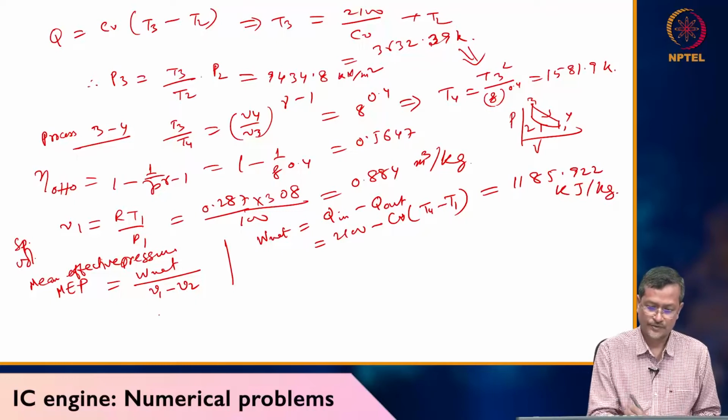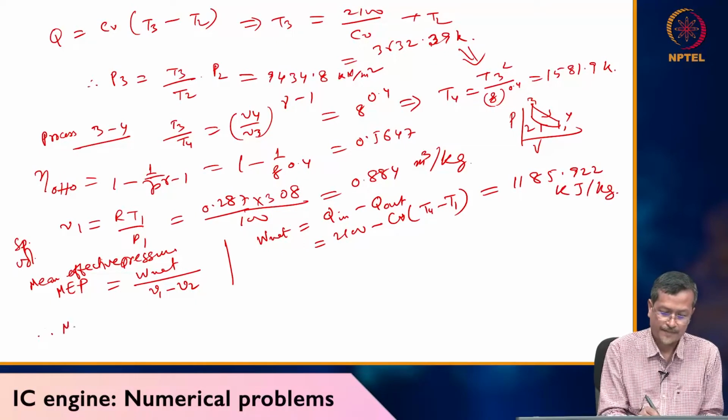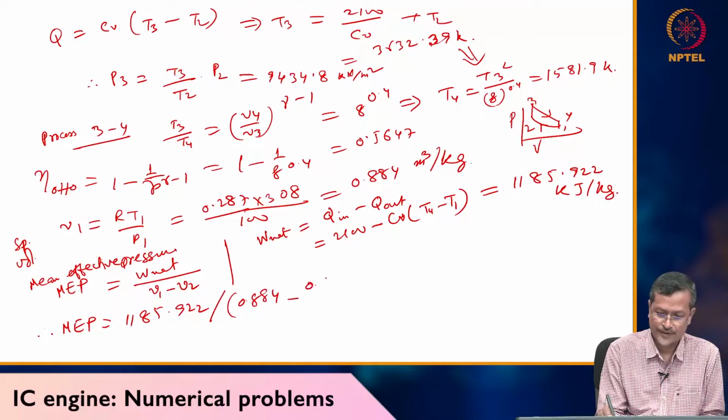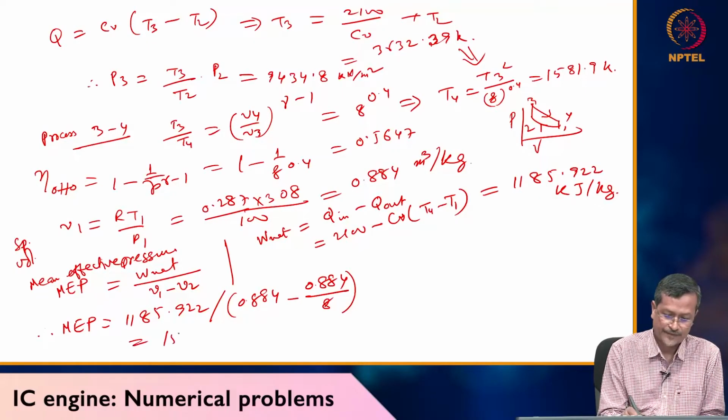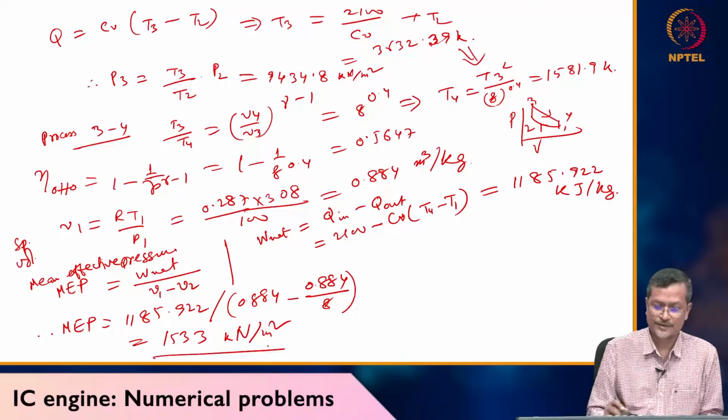Therefore MEP equals 1185.922 divided by 0.884 minus 0.884 divided by the compression ratio 8. This is giving 1533 kilonewton per meter square. So this is your answer.